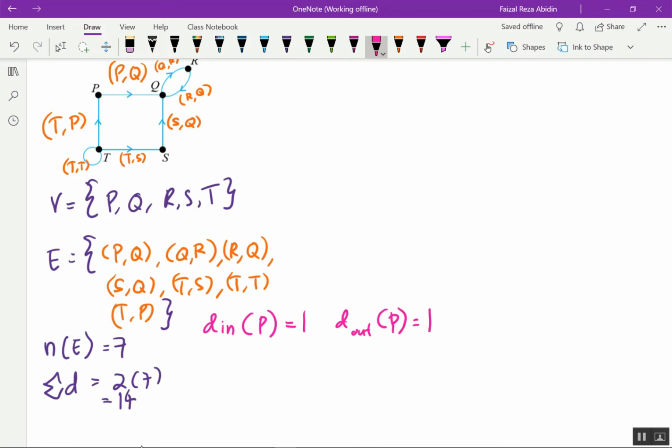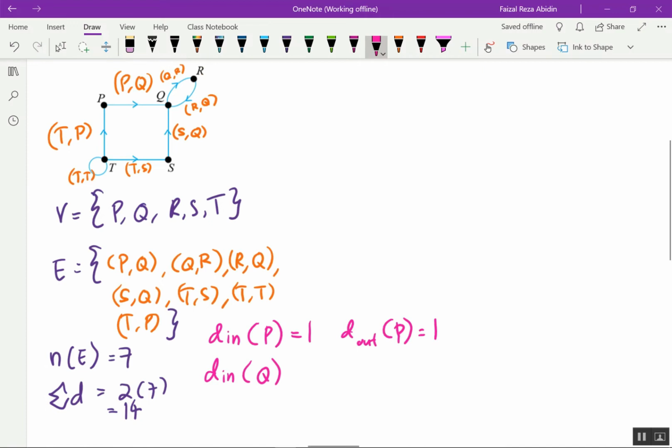Yes, only 1. Next, the in-degree for vertex Q. Look closely. How many in for Q? 1, 2, 3. All in for Q over there. So I have 3. Is there any out from vertex Q? Yes, only 1. So the out-degree for vertex Q is 1.